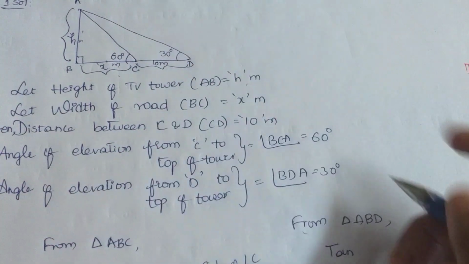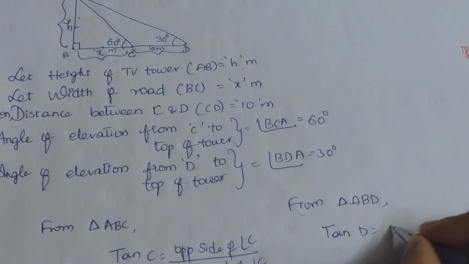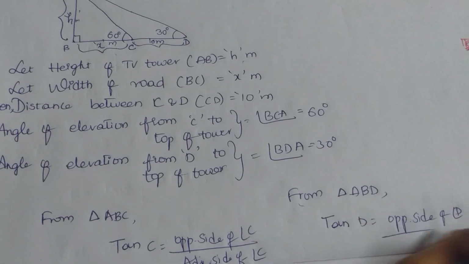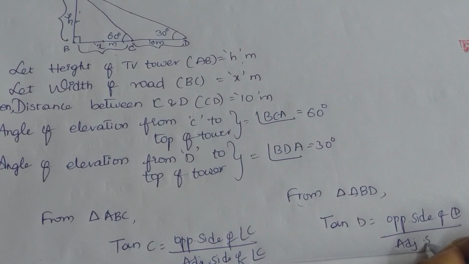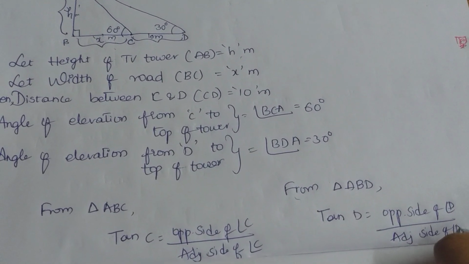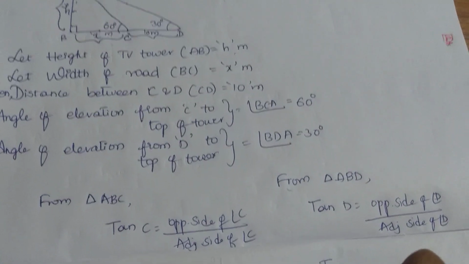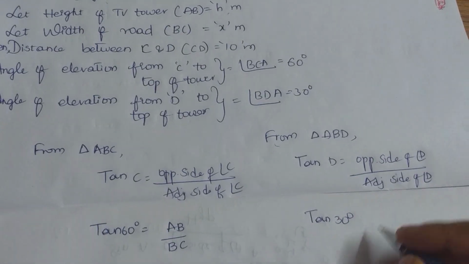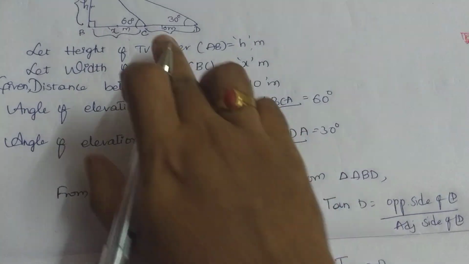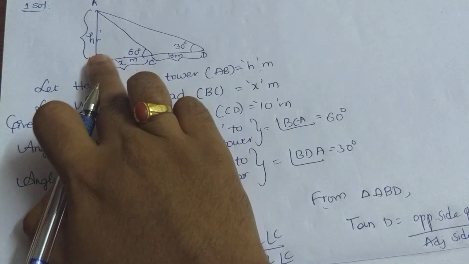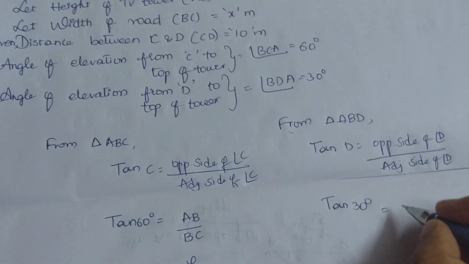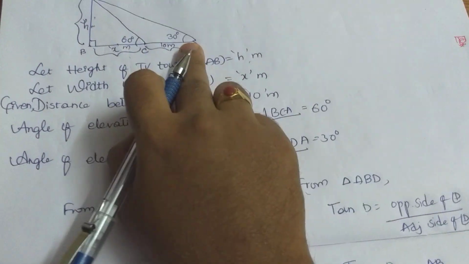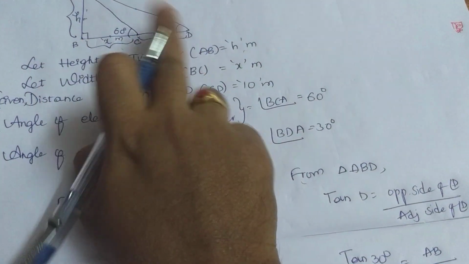It is angle D. So tan D equals opposite side of angle D by adjacent side of angle D. What is the angle D value? It is 30 degrees. Tan 30 equals, what is the opposite side of angle D? It is AB. What is the adjacent side of angle D? It is BD.